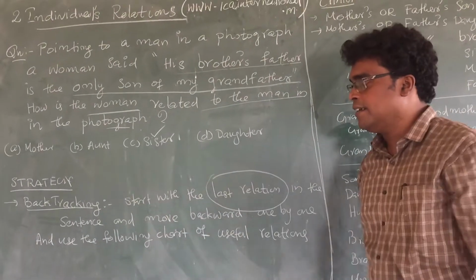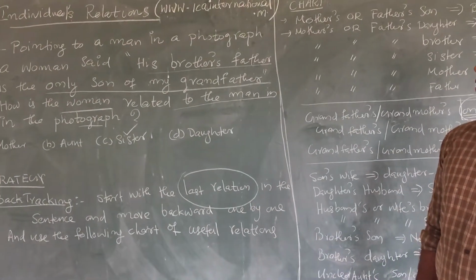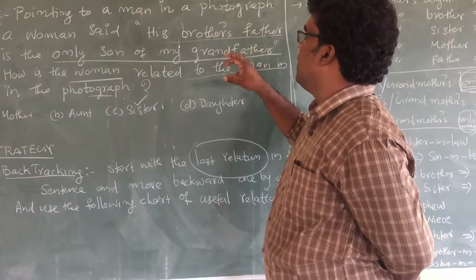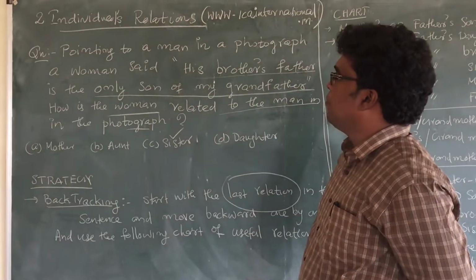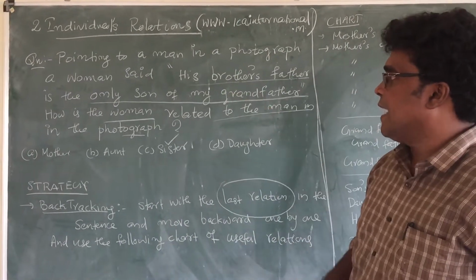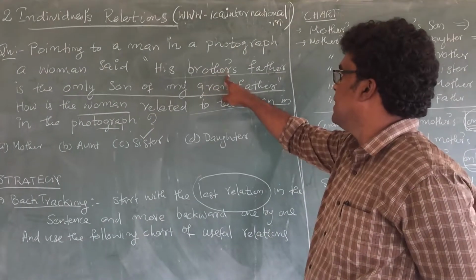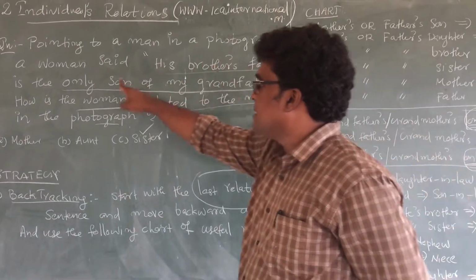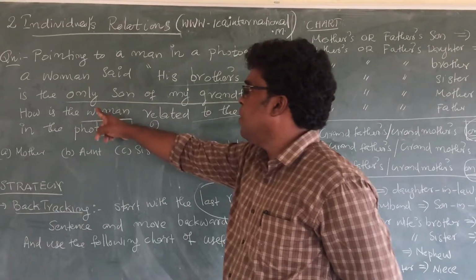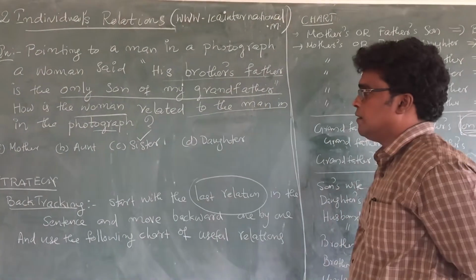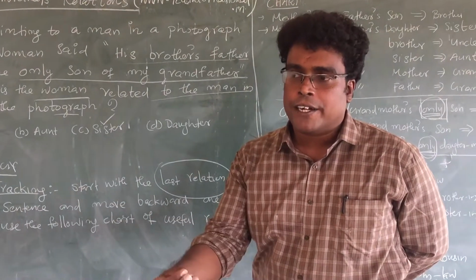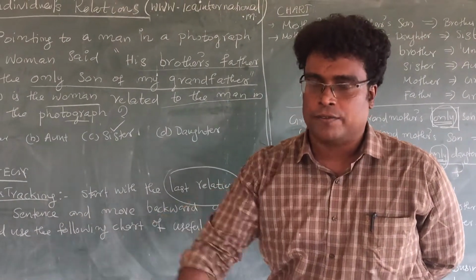I will repeat again. There is a man in a photograph, and pointing to that man, the woman says that his brother's father is the only son of my grandfather. Then the question is, how is that woman related to the man in that photograph?